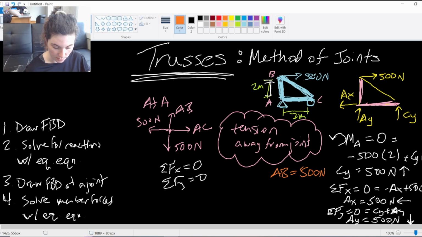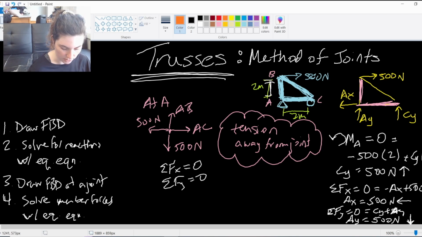And we usually do this by marking. We always mark whether our members are in tension or compression by putting a C or a T afterwards. So in this case, AB equals 500 newtons, and that is in tension.